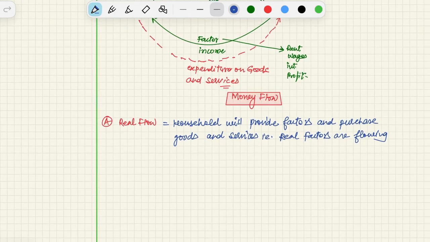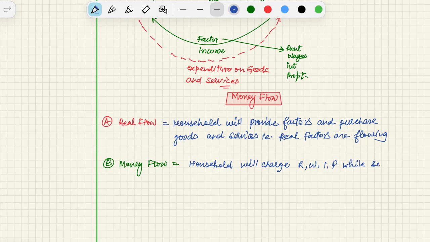And the second part is money flow. Again here, household will charge rent, wage, interest, and profit while supplying factors.